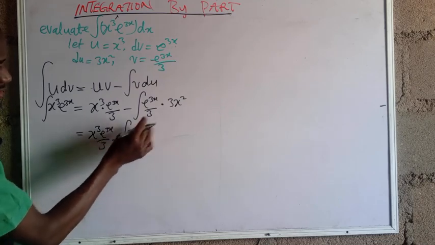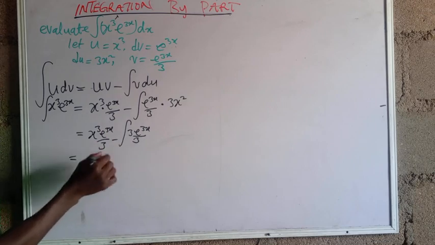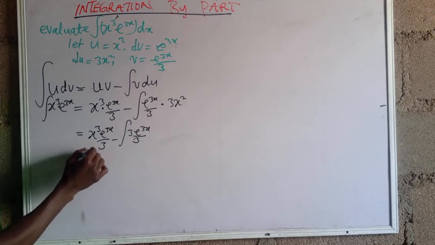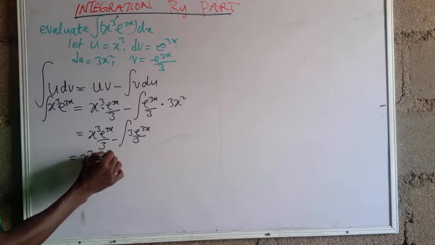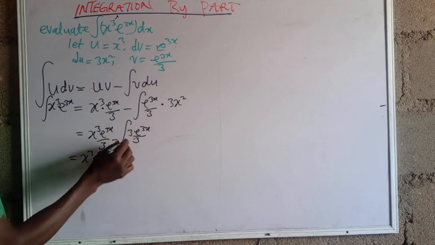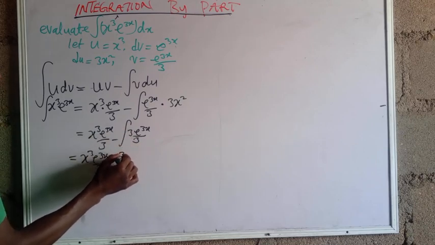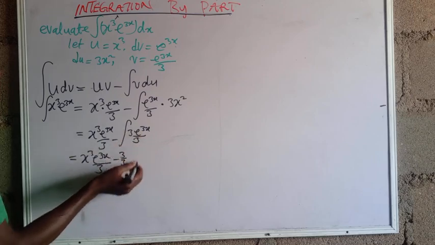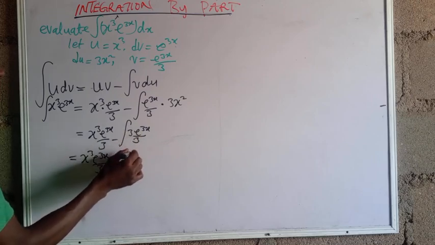That is, if you multiply this, the next thing to have here is x cubed exponential 3x all over 3 minus, you take this 3 over 3 outside, that is 3 over 3. You are going to obtain 1 here.